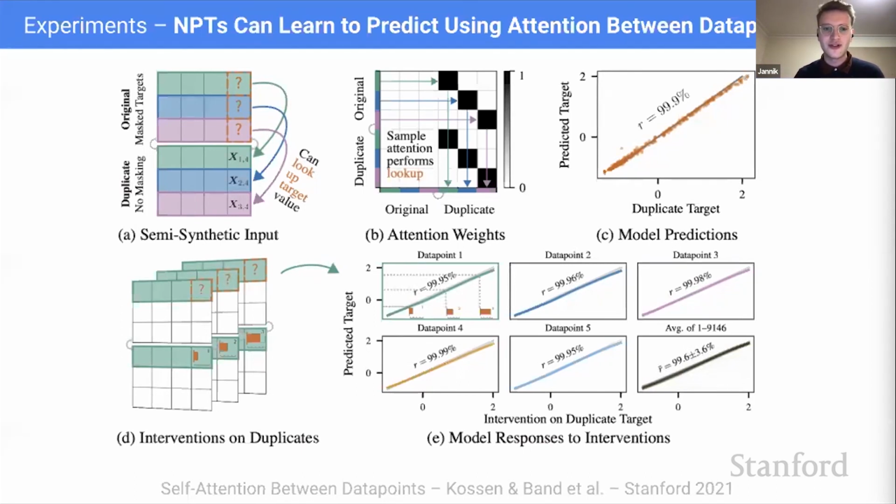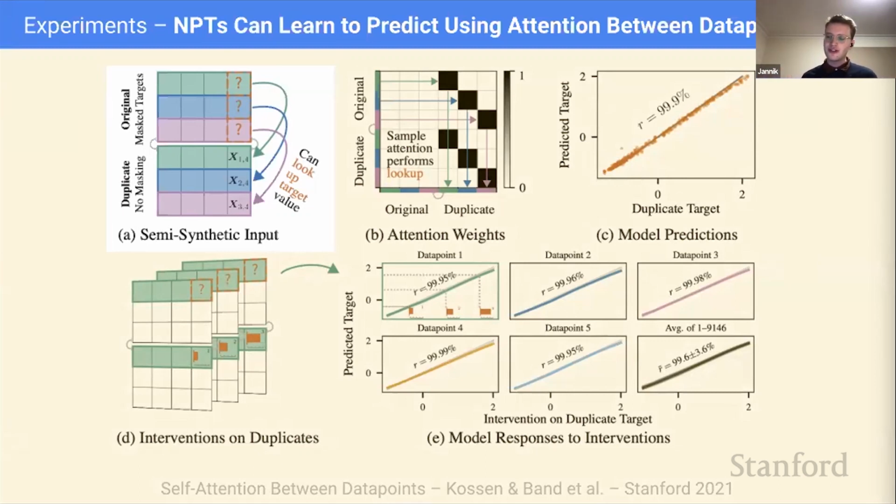And so specifically, we'll create the following semi-synthetic data set. I want you to focus on A now. We take one of the tabular data sets that we've used previously, specifically the protein data set, but it doesn't really matter. What matters is that it's a regression data set.